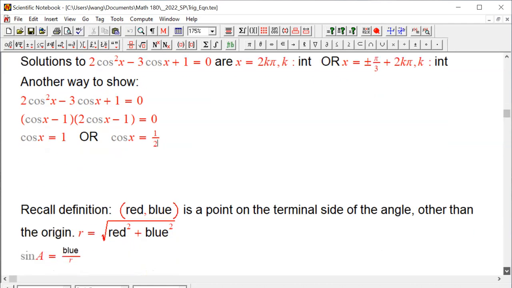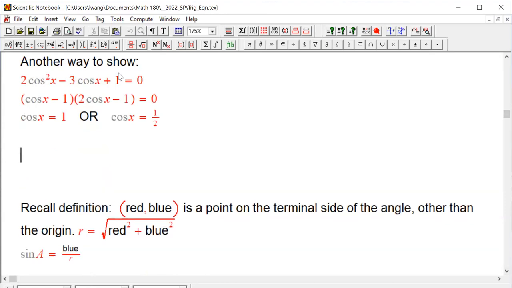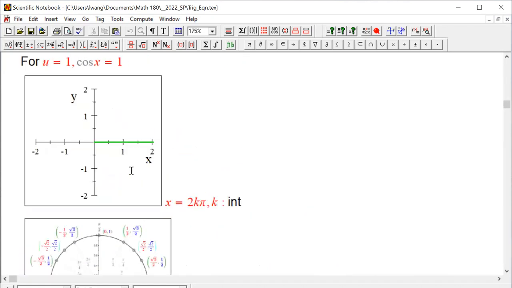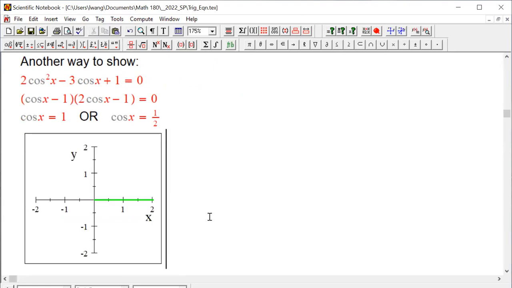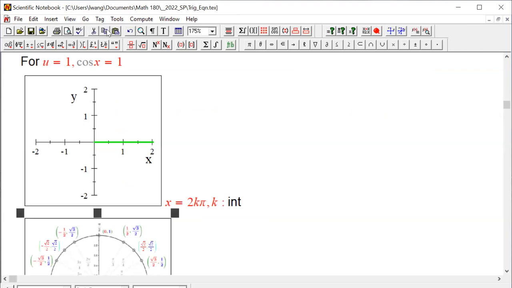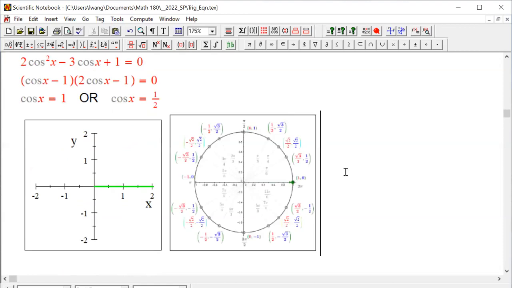Whoever your teacher is, he or she will probably be just as happy to see your work like this, okay? And then you can use one picture, and you can show another picture using your unit circle to demonstrate that you know what you're doing.